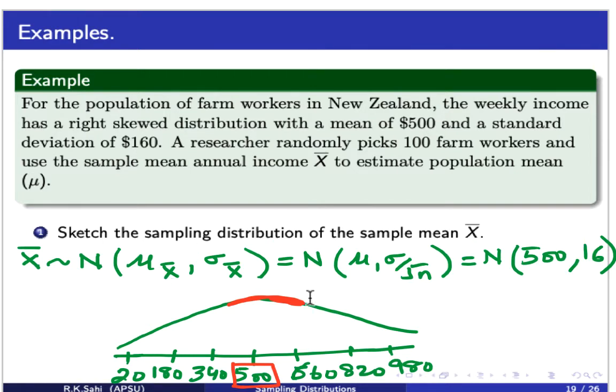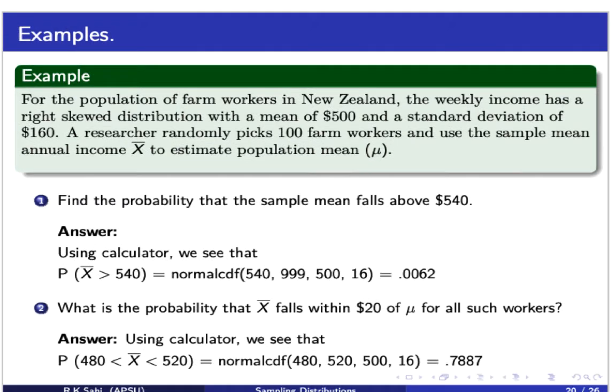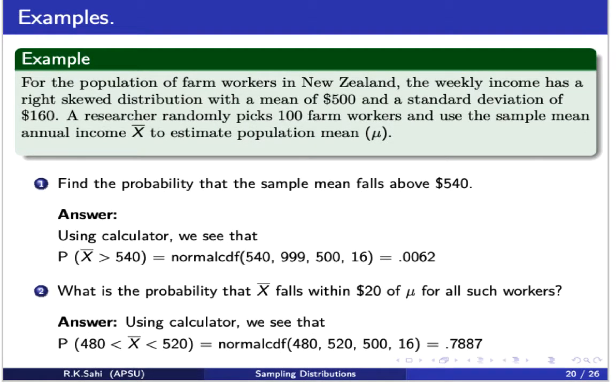So now we would like to find some probabilities here. Okay, let's continue further on the same problem. Let me repeat it. For the population of farm workers in New Zealand, the weekly income has a right skewed distribution with a mean of 500 and a standard deviation of 160.